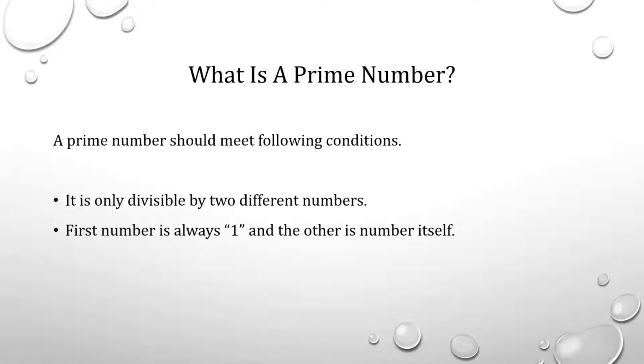You might think 1 is divisible by 1 and itself, so it is a prime number, but it is not. Look at the first condition: it has to be divisible by two different numbers, the first being 1 and the other being the number itself, which means 1 is not a prime number.